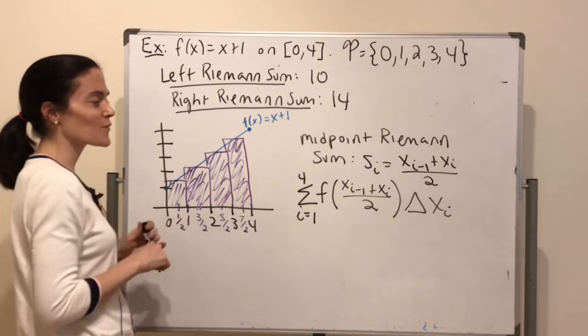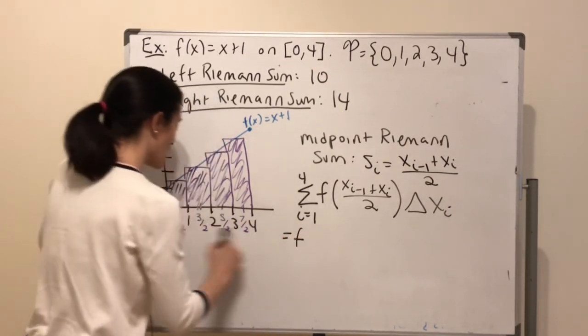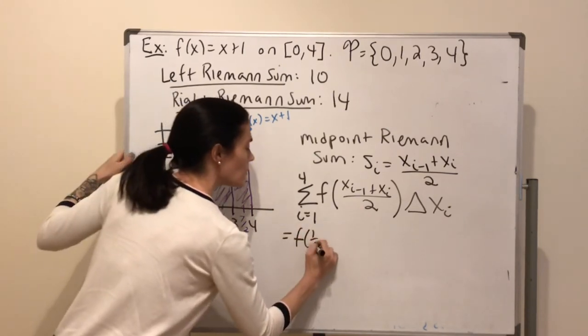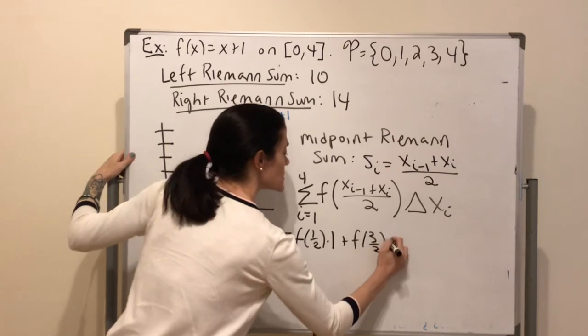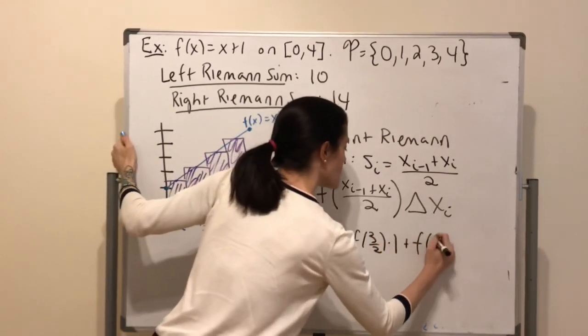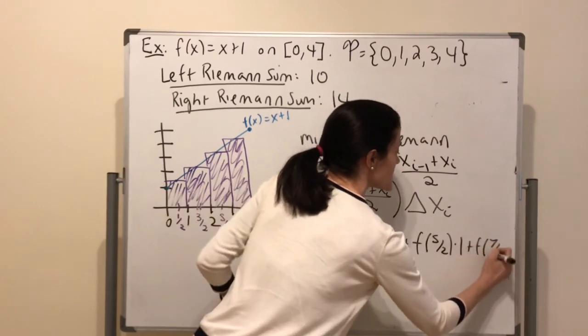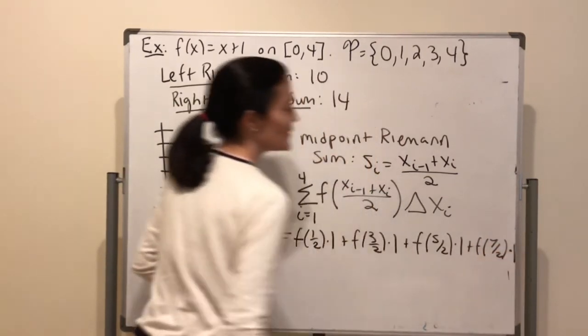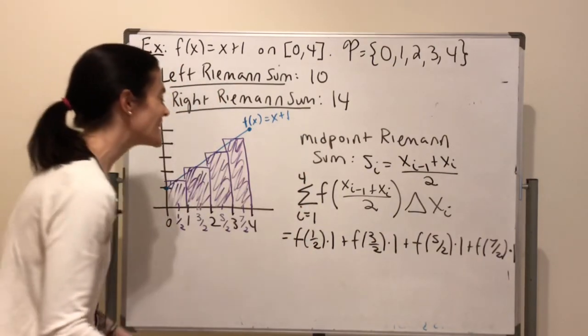It's 1 for each subinterval. And so this will be f of 1/2 times 1 plus f of 3/2 times 1 plus f of 5/2 times 1 plus f of 7/2 times 1. Okay, the 1 is very at the corner, but it's there.